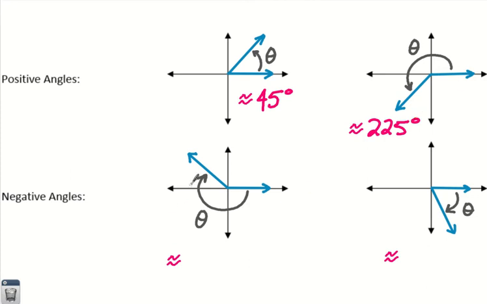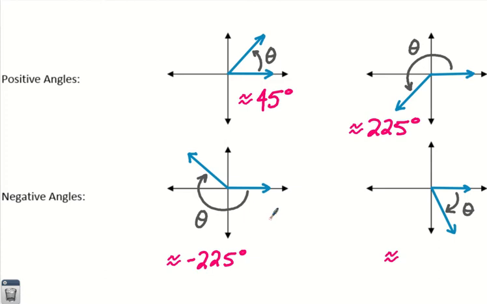Moving on to the negative angles. Now remember, this is in the negative direction. So going from here in this direction to here, that would be negative 90. So negative 90, negative 180, and even more than that, so I'm going to go ahead and say we're not going all the way to negative 270. So let's just go ahead and say negative 225.